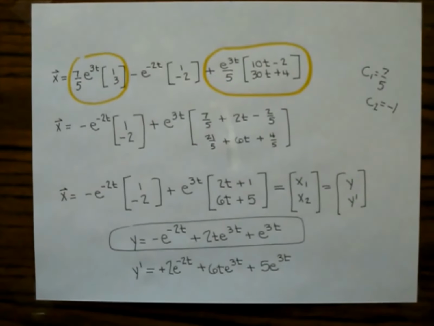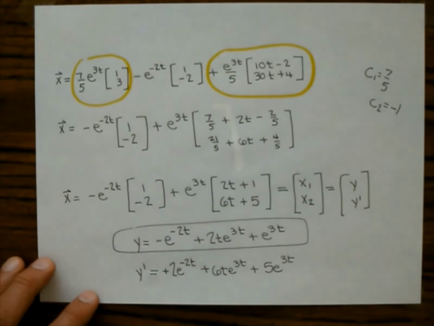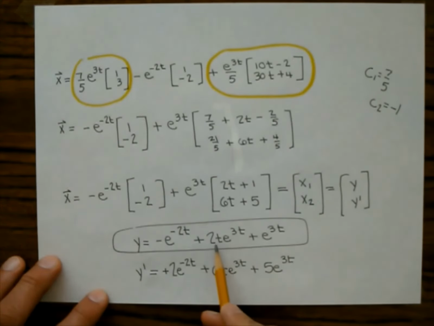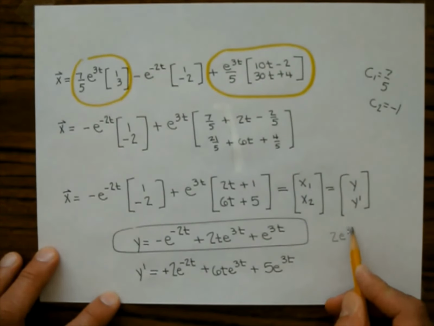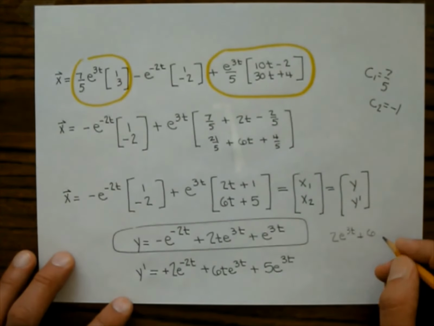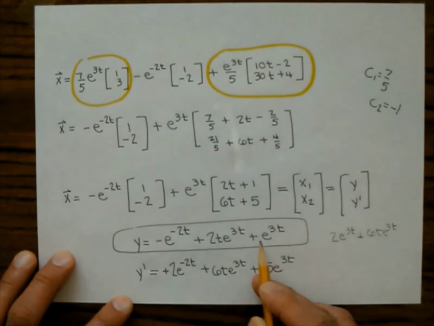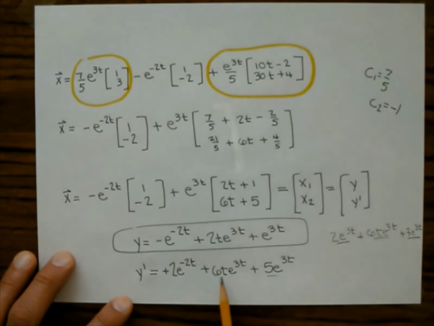Now if you're saying, I don't see how it's the derivative, well, this one we can see, because we did the chain. This one right here, we would take the derivative by going the product rule here, the derivative of the first, which is 2, times the second, e to the 3t, plus the first times the derivative of the second, which is going to give me 6t e to the 3t, and then the derivative of this was plus 3e to the 3t, and so that's where you're picking up the 5 there, and then there's the 6t.